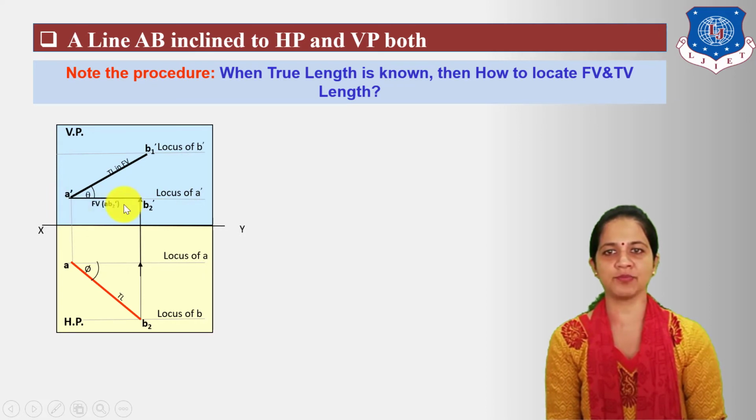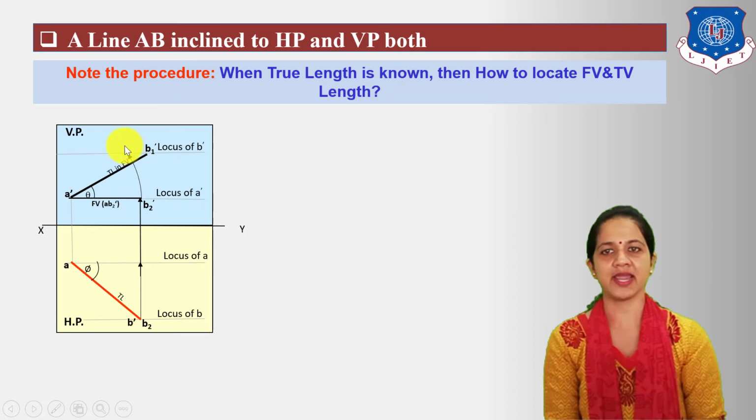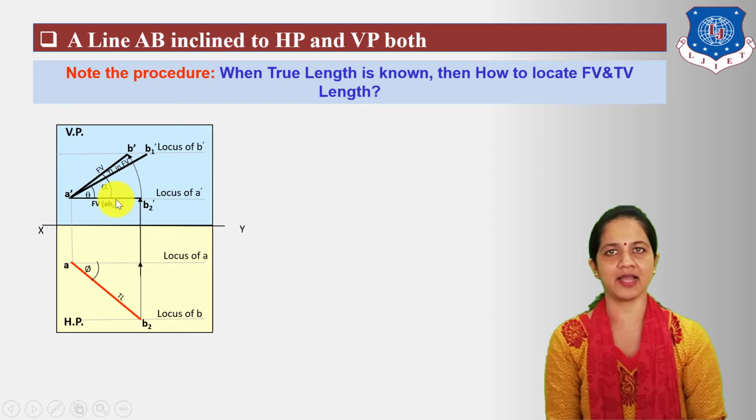So A dash B2 dash indicates the horizontal component of front view. Next, rotate this horizontal component from A dash point up to the locus of B dash and mark here B dash point. Connect A dash B dash point, which indicates the inclined front view at an angle alpha.